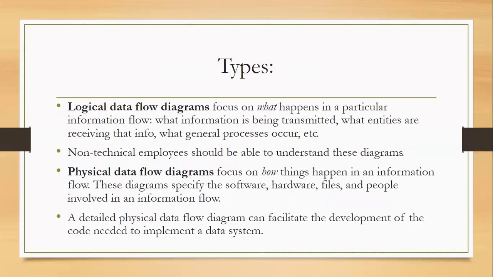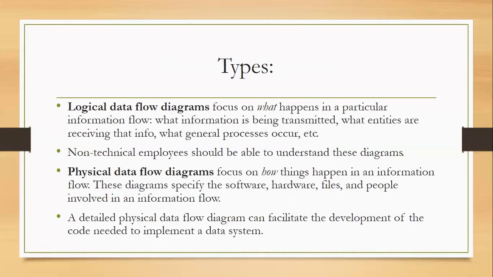There are so many types and levels we can say, but before levels we will cover the types. There are two types of DFD. The first one is logical, the next one is physical. In a logical data flow diagram, we focus on what actually happens in the information flow. What information we want to transmit, who will receive that information, where it will be stored, and what general processes will occur.